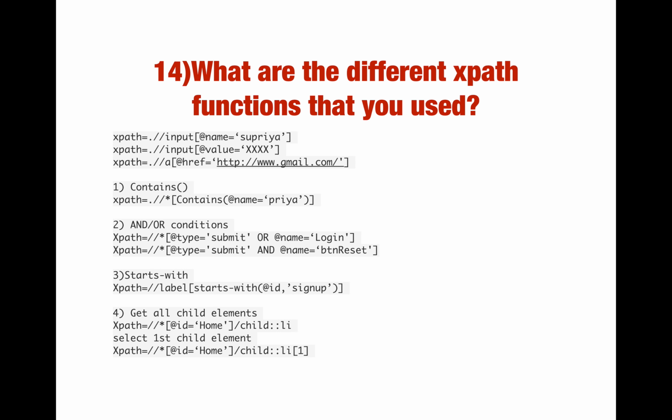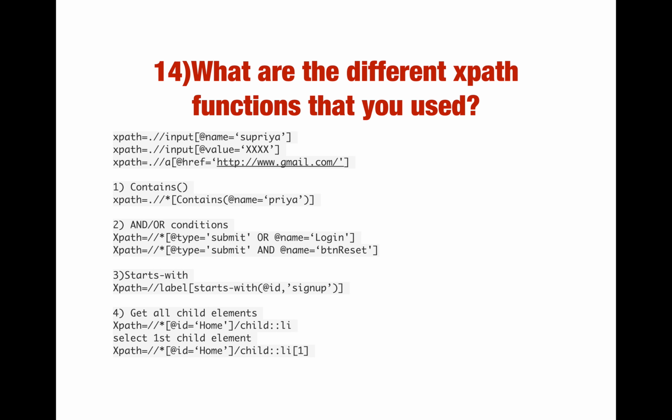What are the different types of XPath functions that you have used? You cannot skip this question, because definitely they're going to ask you how you identified web elements. Obviously the most common way we identify is using XPath. XPath questions are always common, so make sure that you tell them that I always use @name and give what element I want.